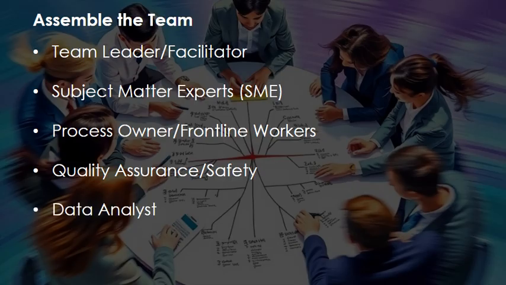Data analyst. They collect and analyze logs, metrics, and timelines to back up findings with hard facts. Depending on the complexity of the problem, it may be beneficial to have a recorder or scribe who documents the findings, maps out timelines, and captures the brainstorming and evidence, ensuring a thorough record.